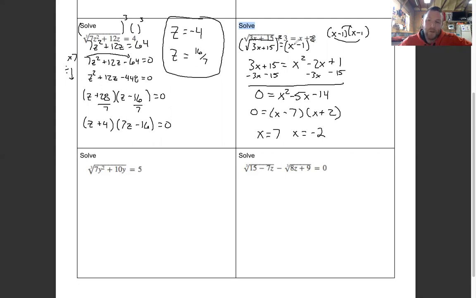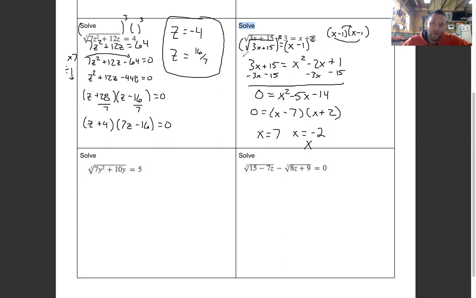If I plug negative 2 in, 3 times negative 2 is negative 6, plus 15 is 9, square root of 9 is 3, and 3 plus 3 is 6. And then on the right side, negative 2 plus 2 is 0. So the negative 2 does not work out.